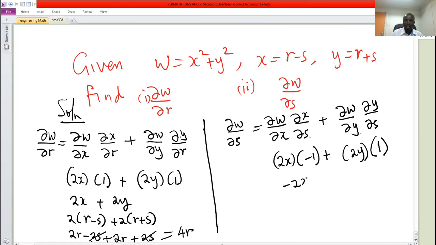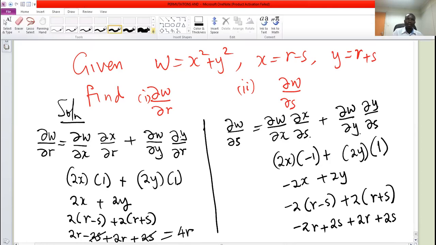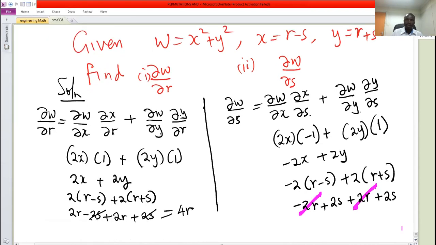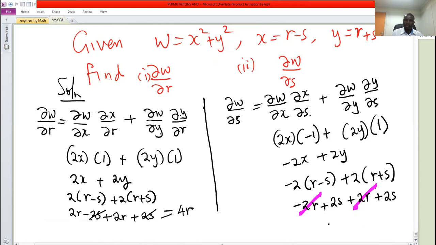So you have minus 2x plus 2y. Then you replace x with r minus s and y with r plus s. So this is minus 2r plus 2s plus 2r plus 2s. So this time r will cancel out, so the answer is 4s.